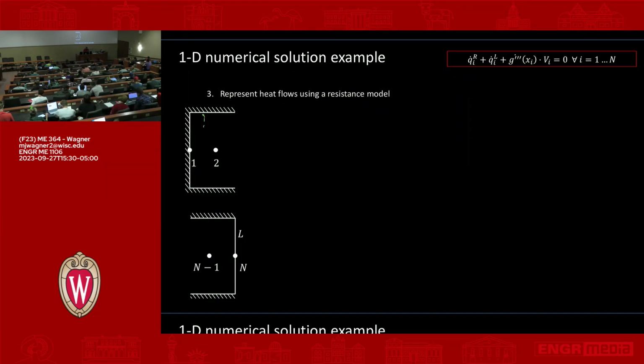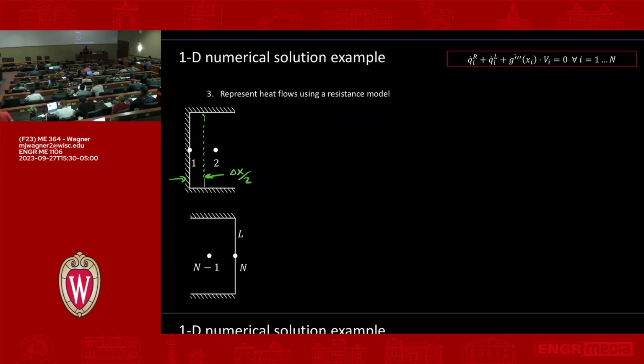I'm going to note now the width of the control volume is delta x divided by 2. We have a different width for the node because it only needs to be responsible for that last half control volume. So it's delta x over 2.